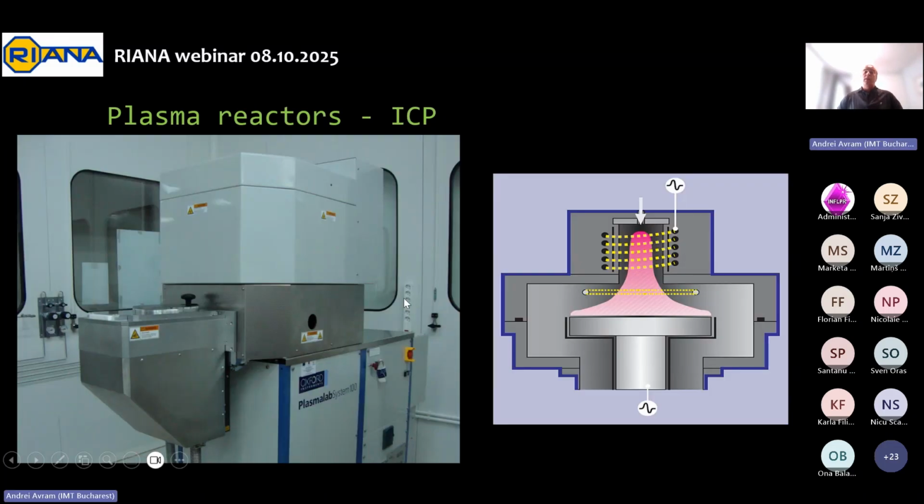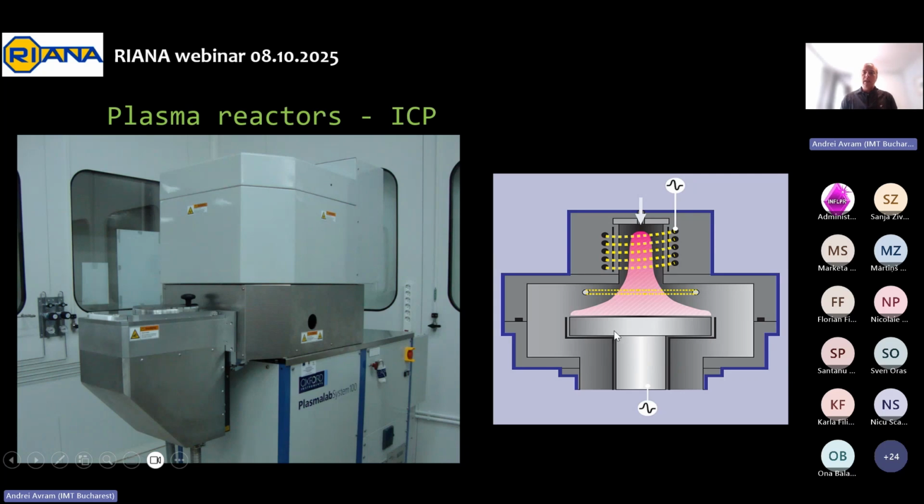Another type of reactors that we use, and they are very widely used in the nanofabrication space, is the ICP reactors, the inductively coupled plasma reactors. So as you can see in this picture, we have here a coil, and we actually use this coil to generate the plasma. And as you can see, there is a second generator connected to the lower electrode.